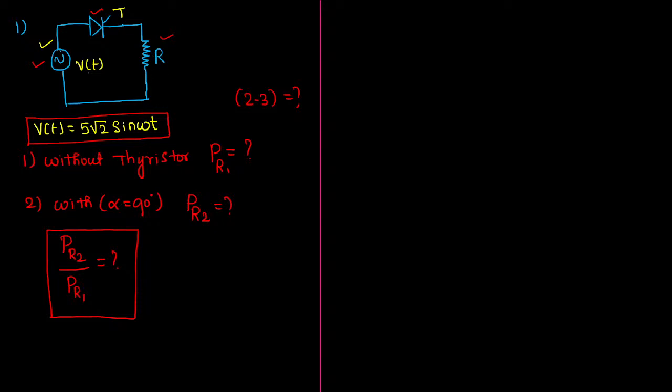I know many of you did this easily, because without an SCR we directly know the power consumed by the resistor. Case number 1, I am calling it PR1, the power consumed by the resistor in case 1. What is the formula? RMS voltage drop across the resistor, squared, divided by the resistor value.